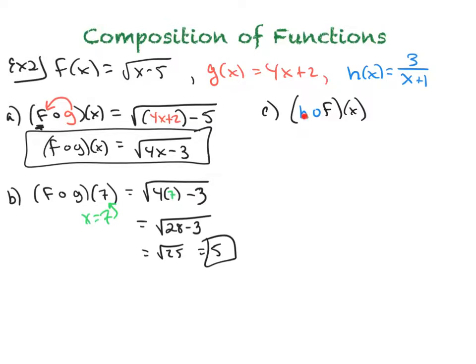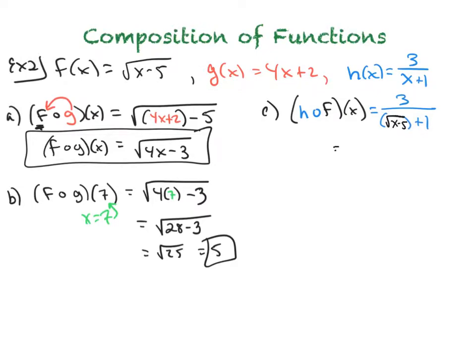In this case, the first function is h. H of x is 3 over x plus 1. So I'm going to write 3 over parentheses plus 1. So everywhere I have an x in my first function, I'm going to replace it with some parentheses. And into those parentheses, I'm going to put the second function. So the second function here was the square root of x minus 5.